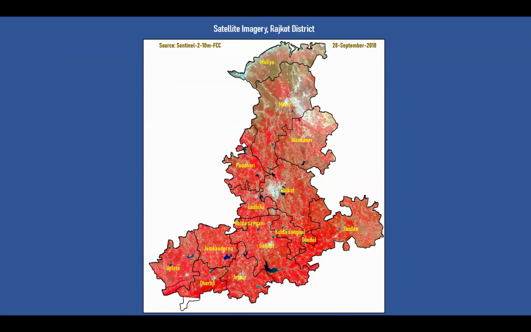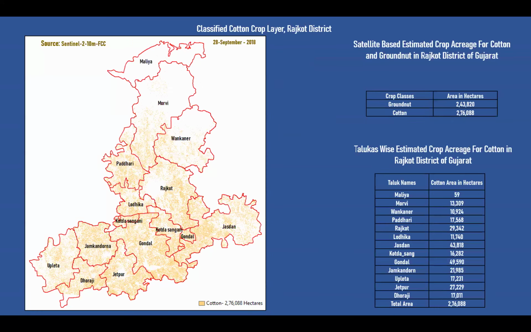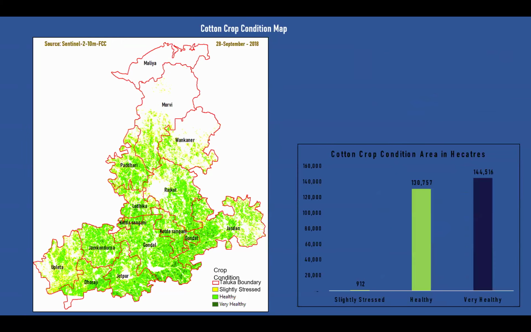District level satellite imagery is taken. The mapping was done for groundnut and cotton, and then individually taluka wise the cotton acreage was estimated, and then different performance.